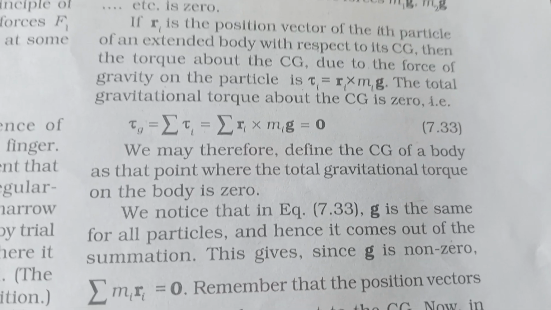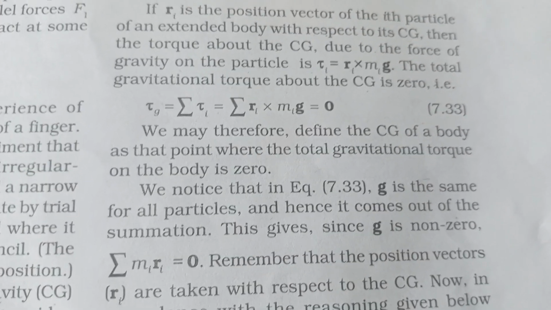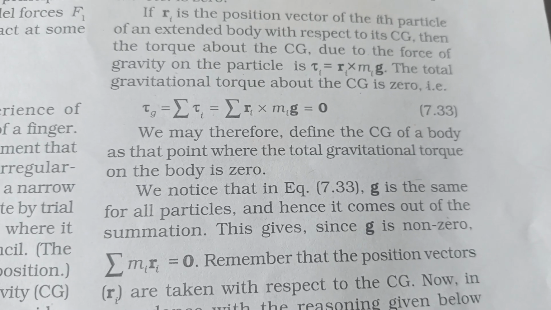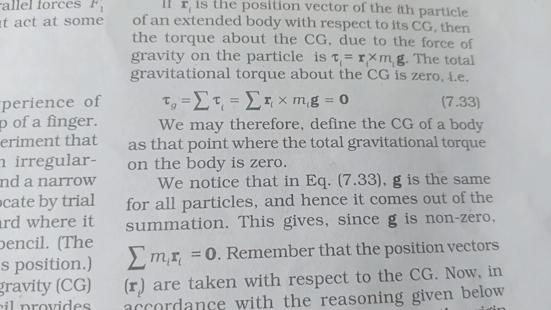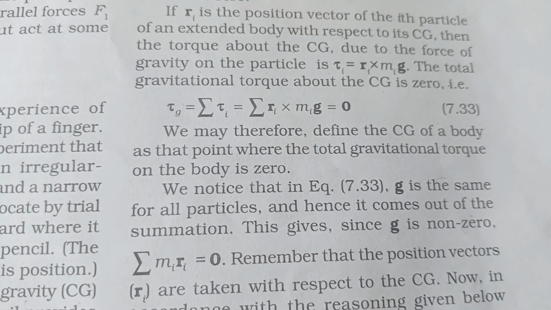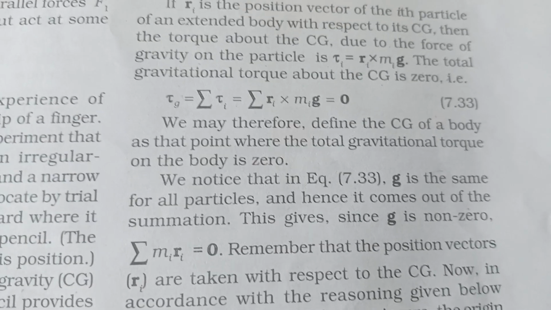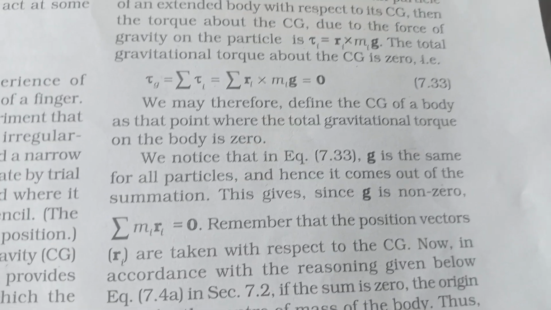Torque का formula है ना, position vector into force. The total gravitational torque about the CG is 0. m1g actually force, sorry, torque is equal to r into mg. Force है. The total gravitational torque about the CG is 0.